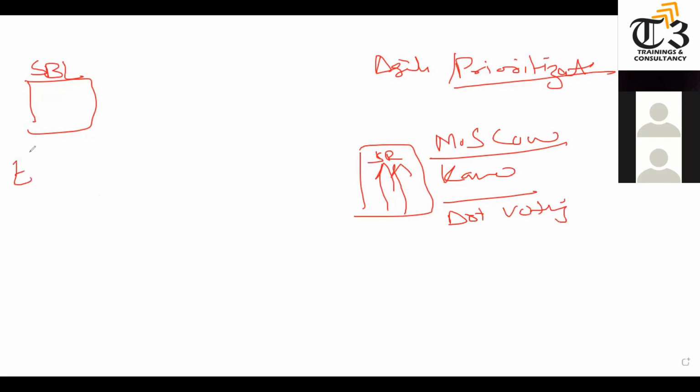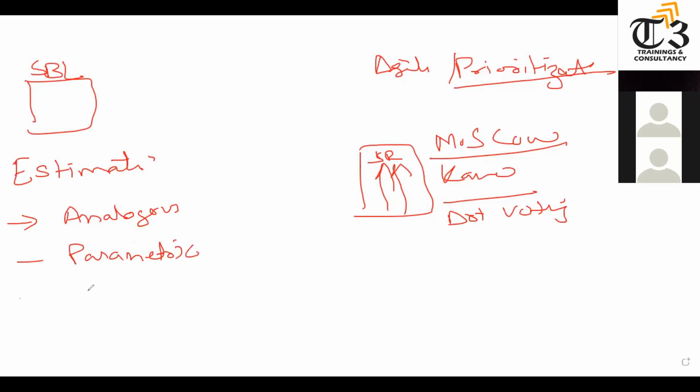For estimations in both predictive and agile, the most common one we have got is analogous, from past. We have the parametric, which means we need a statistical or mathematical formula to calculate. Or we have bottom up, where we need WBS, which is very detailed.